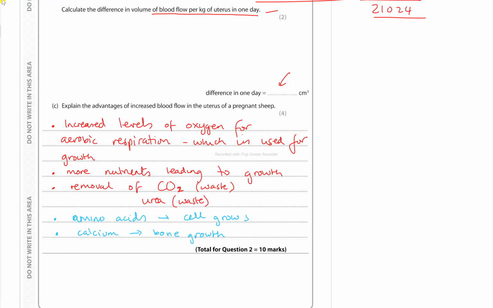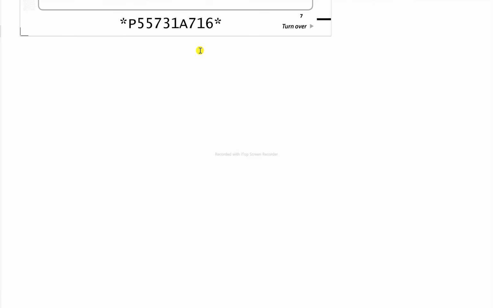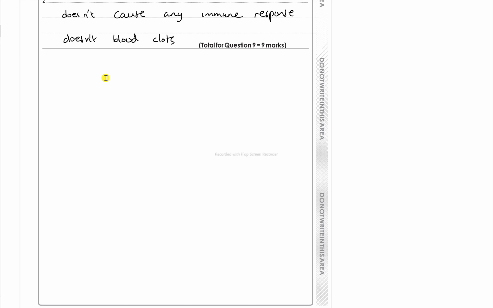So they wanted that in as well, which is fair enough because it's a 4 marker. Right. Oh, that's it, done. So this is blood. Right, there was other questions in because I just cut and paste the whole page, which is fair enough. So we can call it quits there.